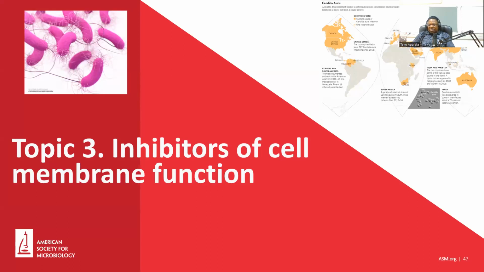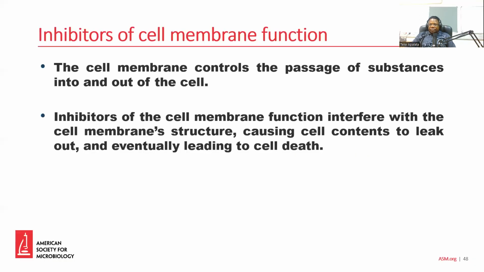So in our topic 3, we are going to discuss inhibitors of cell membrane function. I am Dr. Teke Apalata, an associate professor of clinical microbiology and infectious diseases. First of all, what we need to understand is that the cell membrane controls the passage of substances into and out of the cell.